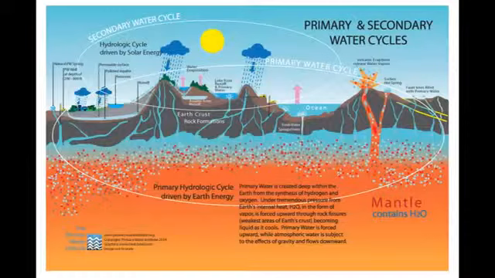In the very beginning of time, it's biblical as well. There are references to it. So the secondary water cycle came about because first the oceans and water were made, and then the secondary water cycle came about because of evaporation.